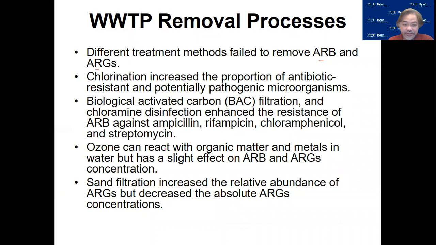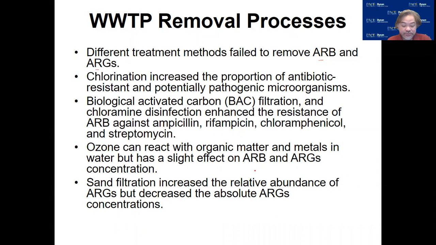Okay? Ozone, which is used for ozonation, can react with the organic matter and the metals that are present in the water, but it has a slight effect on antibiotic resistant bacteria and antibiotic resistant genes concentration. Okay?